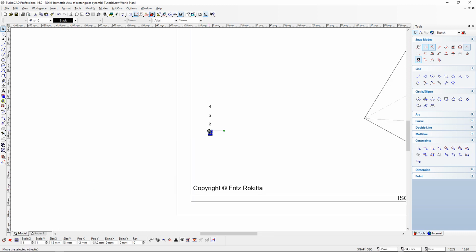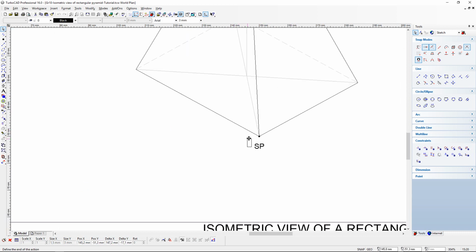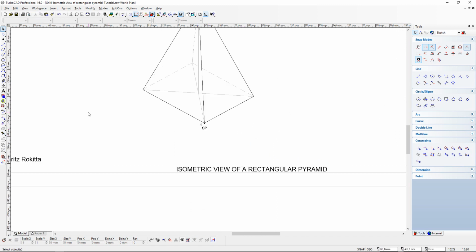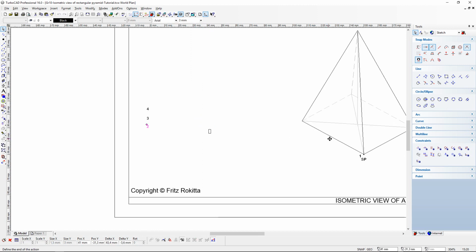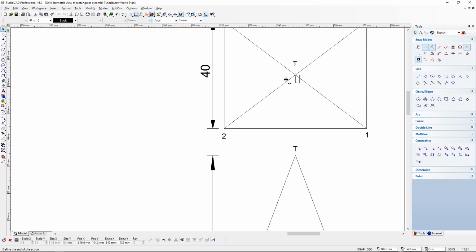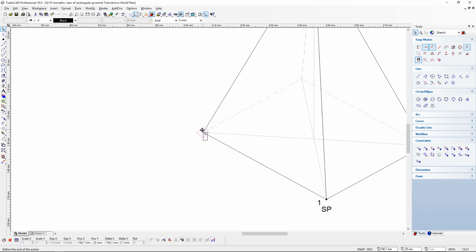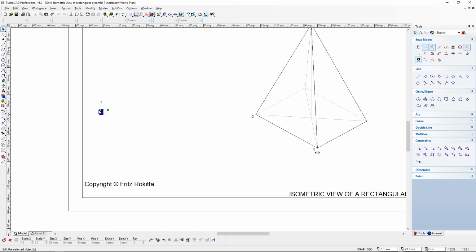You zoom in there and grab that number 1 and place it here by the starting point. And I'm also going to do the same for number 2. Number 2 will be, as you can see on the top here, there was number 1. There's number 2 to the far left on my front view. Number 3 would be the hidden corner at the back.